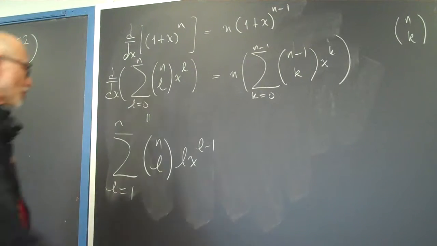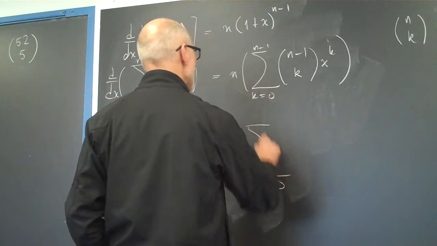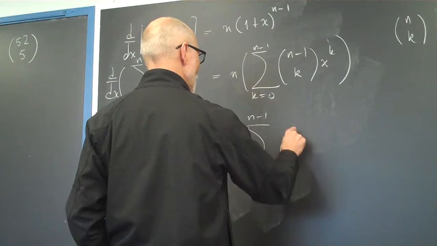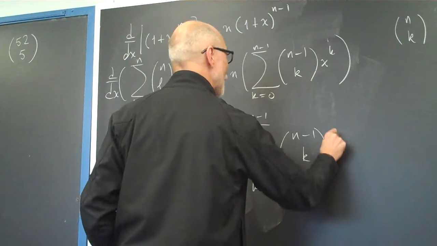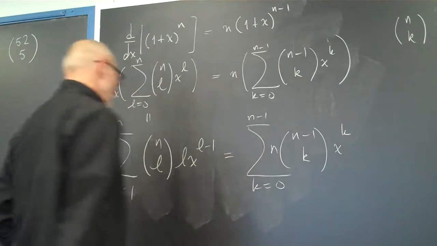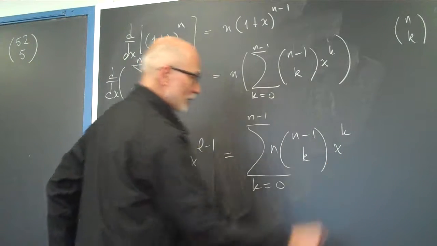And so this is, on the other hand, going to be equal to the sum from k equals 0 to n minus 1 of n times n minus 1 choose k, x to the k. So now we have to set equal things that have the same monomial, right?